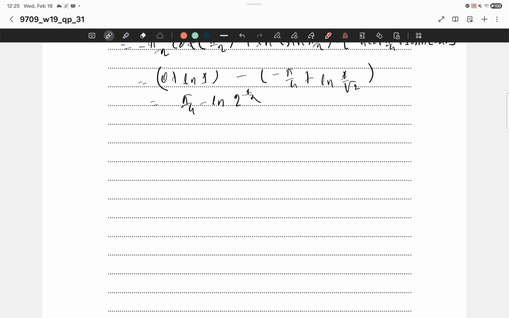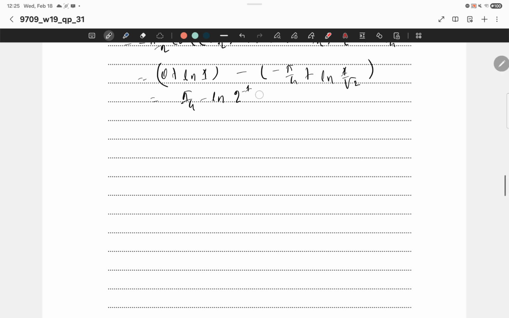Ln a to the power b is actually b times ln a.